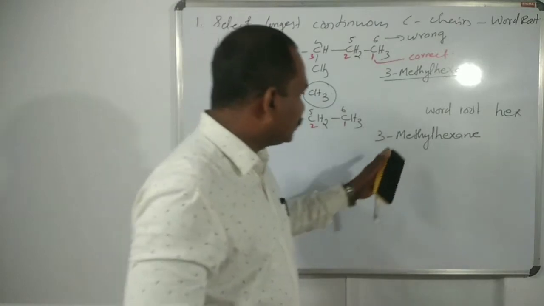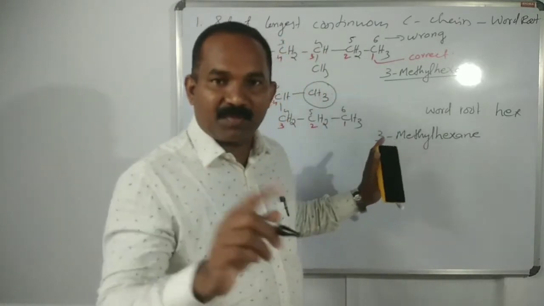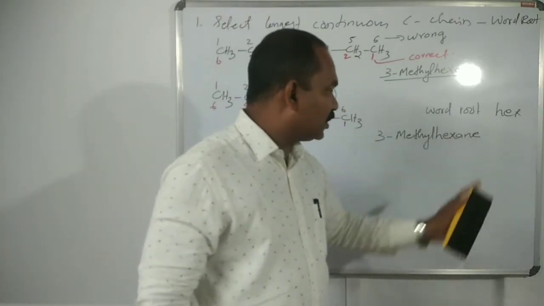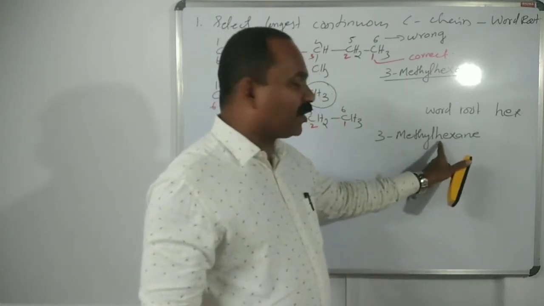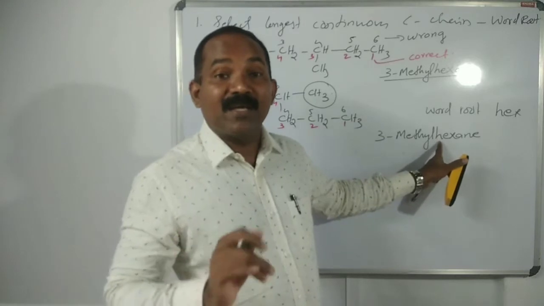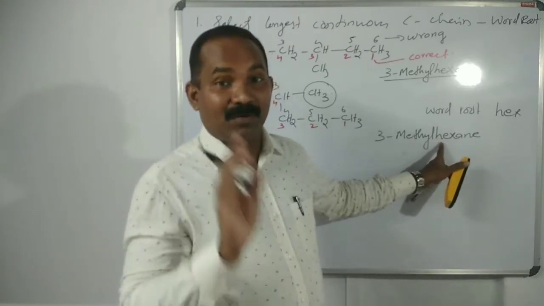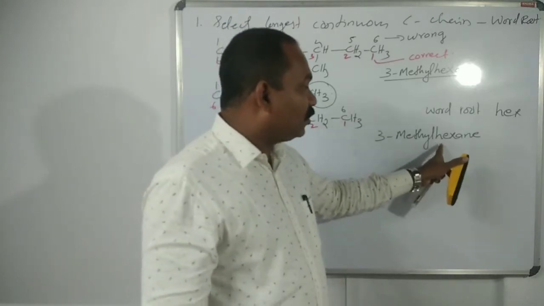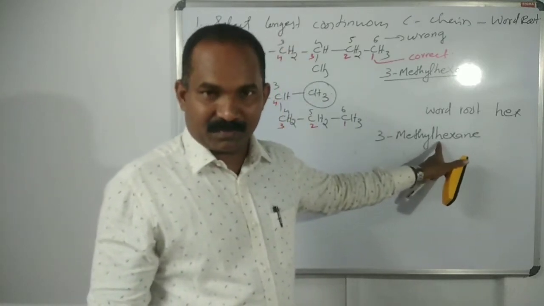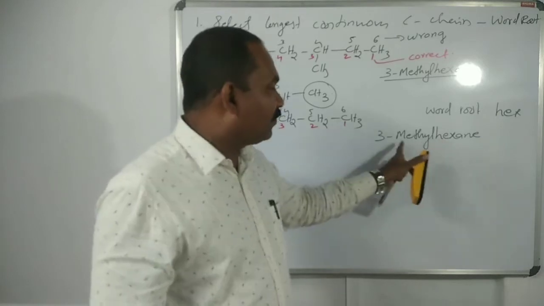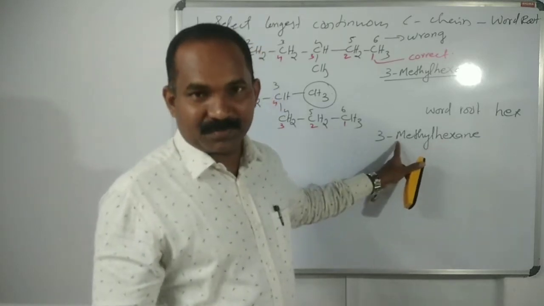And remember that the first letter is capital. The other letters should be small letters. Hexane, word root. Some students write H in capital. No, it's wrong. In hexane, it is a small h. Are you clear? First letter is capital.